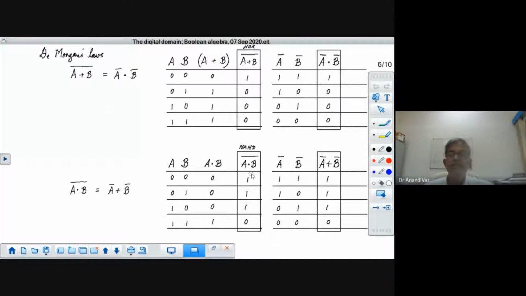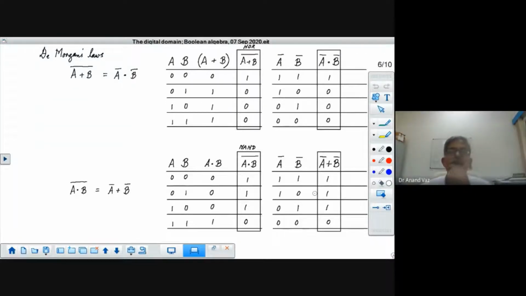Here you have A NAND B obtained from the inputs A and B, and here you have not A or not B, which is the right hand side, and you can see that the left hand side and the right hand side are equal. So this is as far as De Morgan's laws are concerned, and they are very useful.